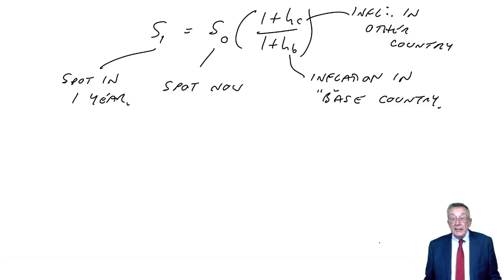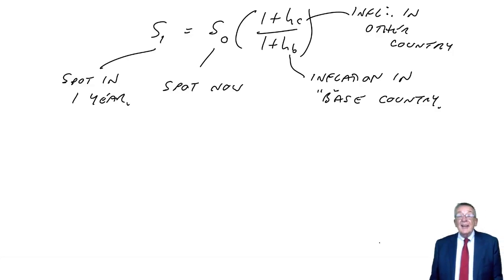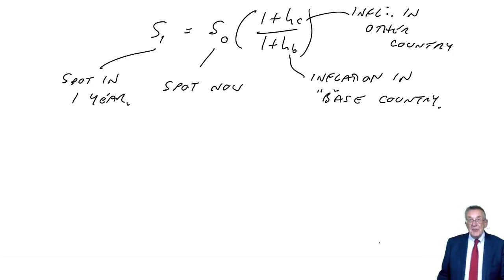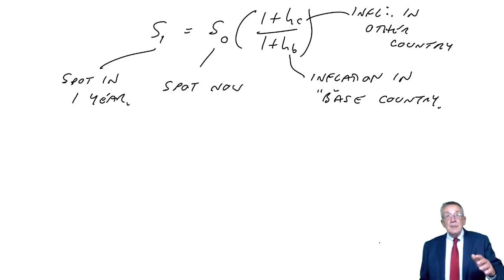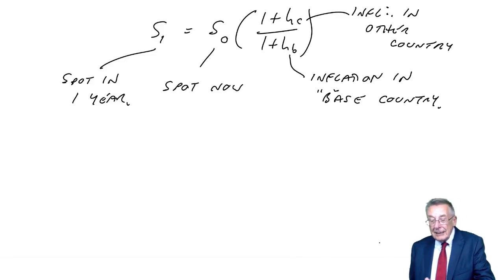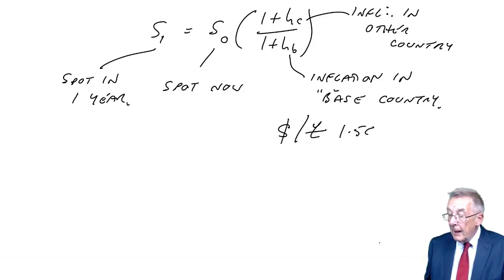Well, that's fine, as long as, if you are remembering it this way, how do we determine which one of the two is the base country? By base country, I mean the currency we're quoting against. So you see, in our last example, the exchange rate in the illustration that I went through, it was dollar-pound 1.50.